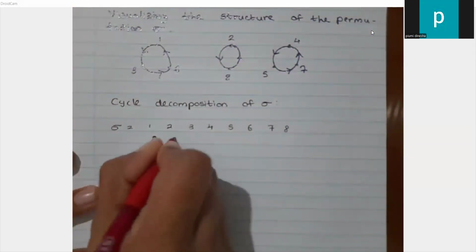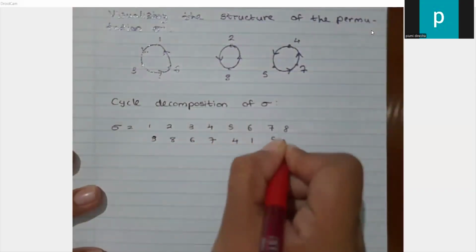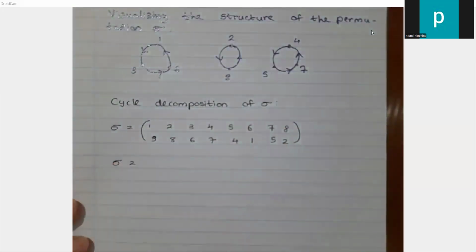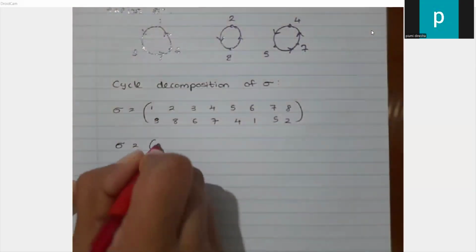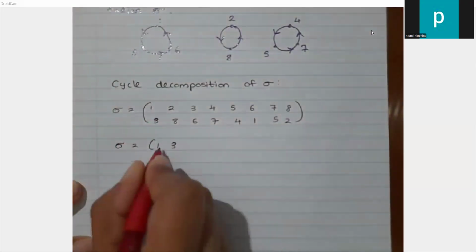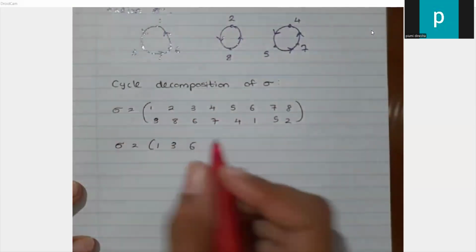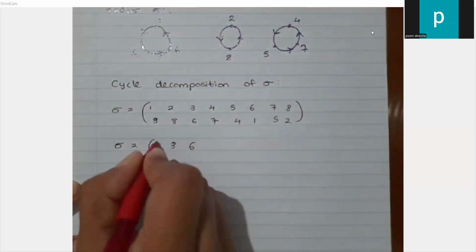We've got 3, 8, 6, 7, 4, 1, 5, 2. If we get its cycle decomposition, starting with 1: 1 is sent to 3. So we write 1, 3. And go to 3 over here. 3 is sent to 6. We write 6. Go to 6 over here. 6 is sent back to 1. So 6 will be going back to 1.